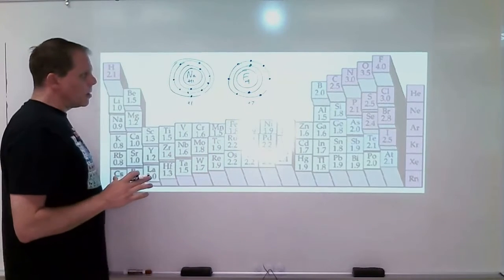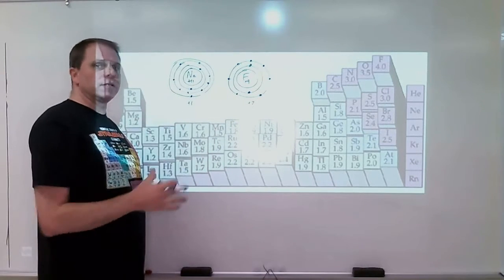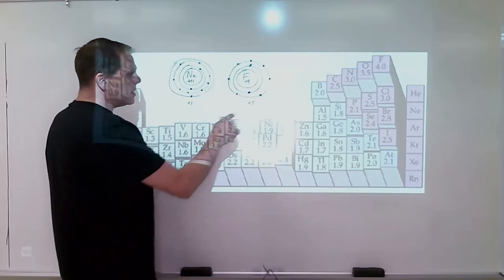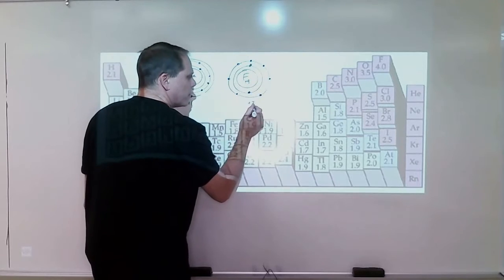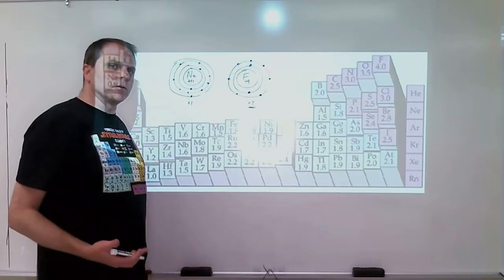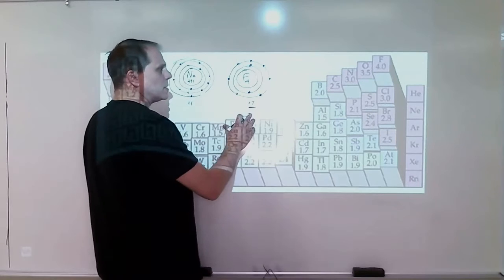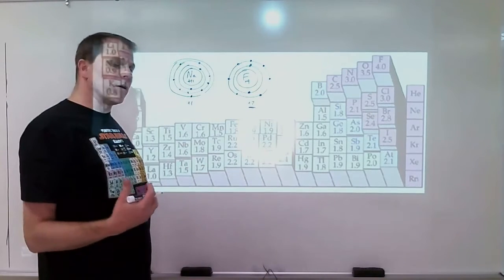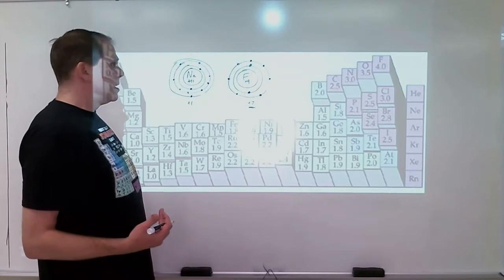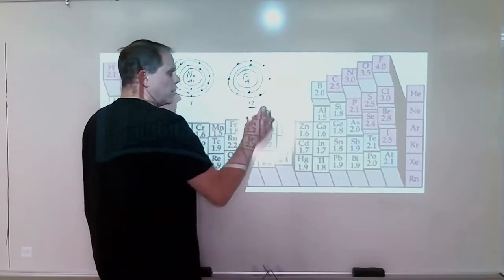Okay, so what's the difference between how these things are going to be attracted? Well, this has got a lot of attraction. That's the effective positive charge of the nucleus. That's a big positive charge, right? And so as I think about how that's going to bond with something, it's going to really pull on things.